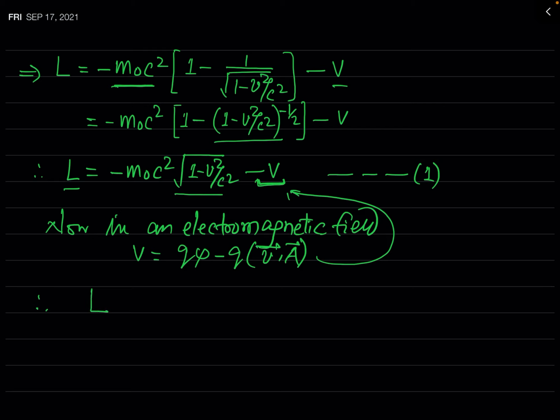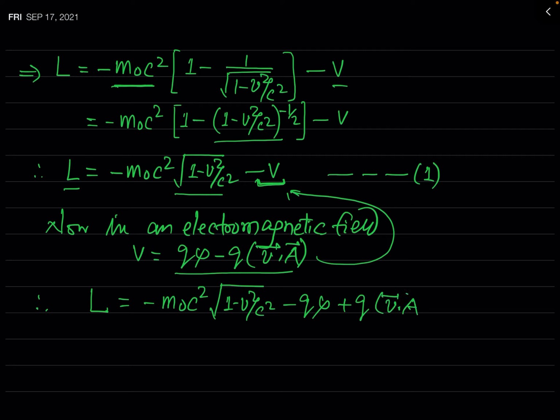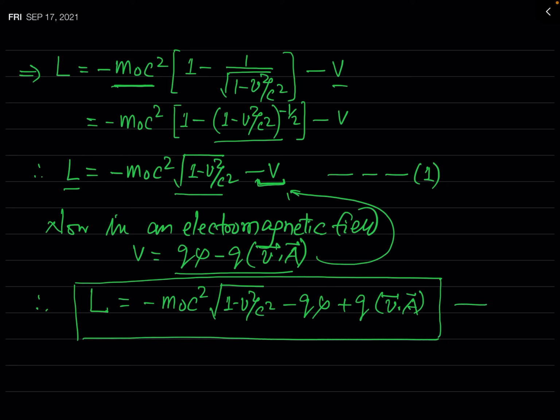So the relativistic Lagrangian L is minus m naught c square times root over 1 minus v square by c square, minus V, and instead of V, we write this much: minus q phi plus q v dot A. This is the expression for the relativistic Lagrangian of a particle in an electromagnetic field. Let us say this is your equation A.